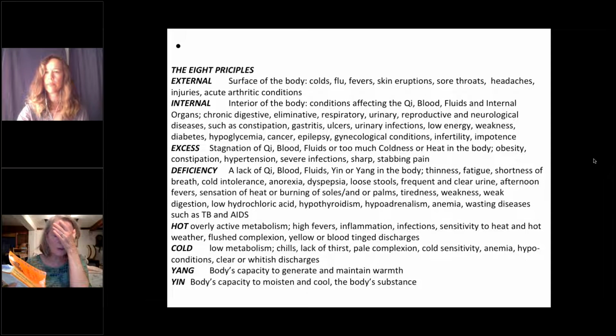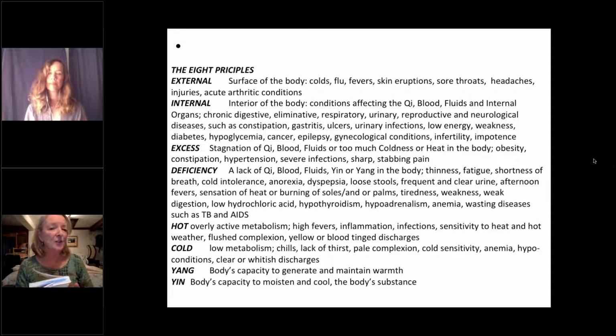I'm just going to say, going back to these books, Obi-Wan, the Orange Book 1, the Chinese traditional herbal medicine, there's a whole chapter called differential diagnosis. Thursday, when we get into all the patterns, you will see much more clearly how excess deficient yang, excess deficient yin appear in the body.